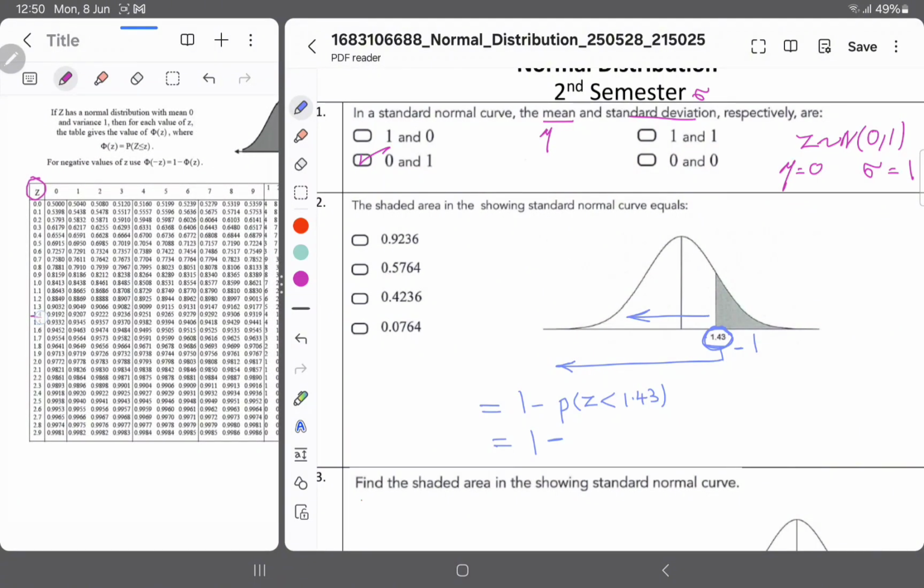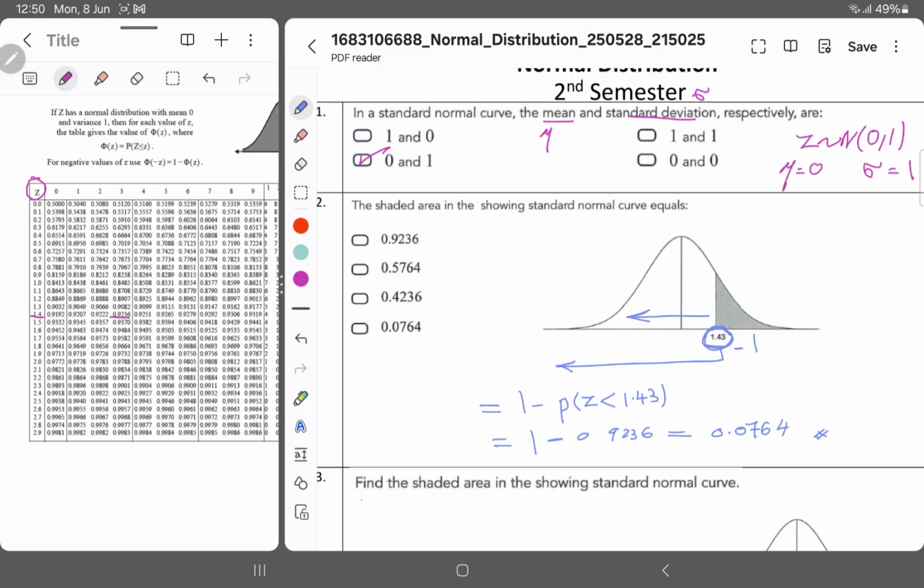Then we go along the row till 3, 0, 1, 2, 3, so that is the final answer, 0.9236. We just use a calculator to evaluate that. The answer is 0.0764. It's finished.